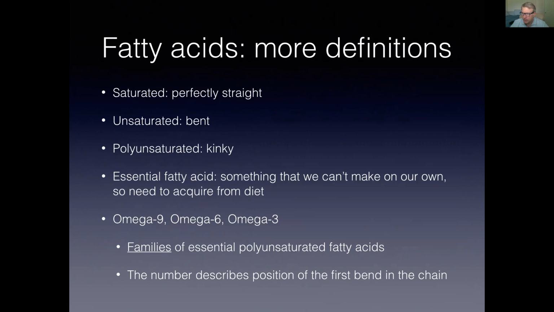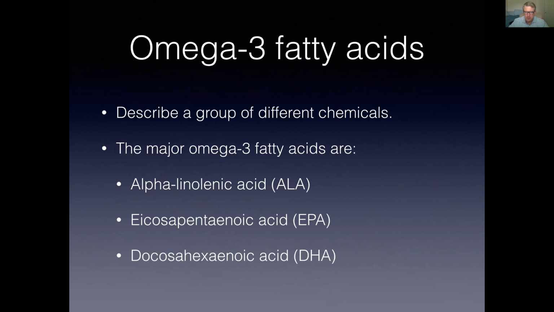If we don't get adequate supplies from the diet, our body will fill it in with whatever it can get from hamburgers. Sorry, hamburgers are dietary. So it'll fill in with existing stock, but it won't necessarily be the right molecule. And within the essential fatty acids are families known as omega-9, omega-6, and omega-3. Those are all polyunsaturated. And whether they're called 9, 6, or 3 depends essentially on the shape, in which part of the molecule the first bend occurs. So that's enough for now.